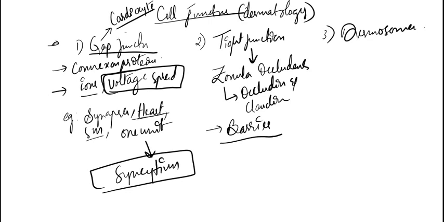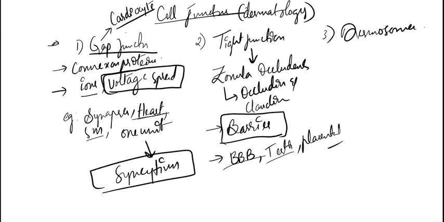With this, I think you can get sufficient information into mind, like these are seen in the blood brain barrier, testis barrier, placental barrier, kidney, etc. These barriers consist of tight junctions.